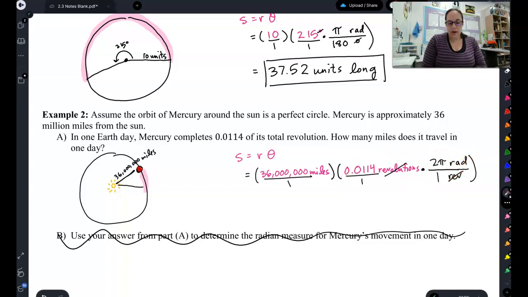So same thing in your calculator, multiply all of these on top, 36 million times 0.0114 times 2 pi, and the 1's on bottom. And if you put all that into your calculator, you should get pretty close to this. So in 1 Earth day, Mercury travels about that many million miles.